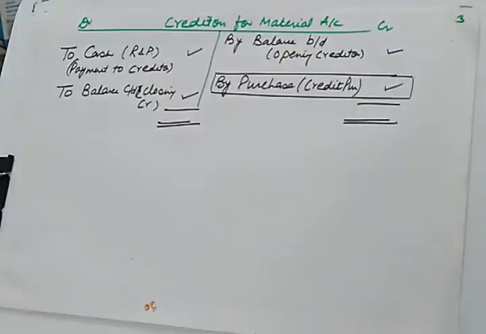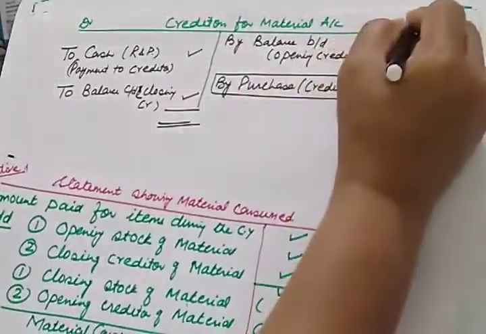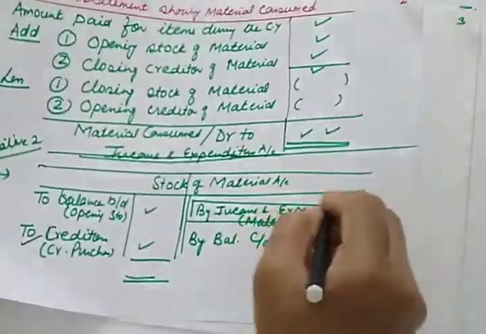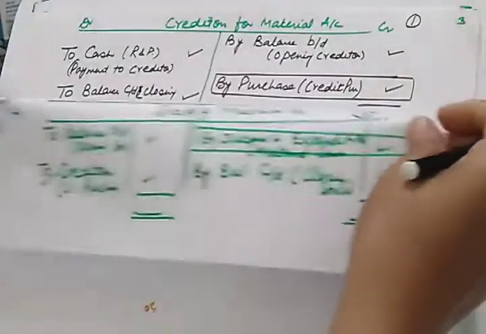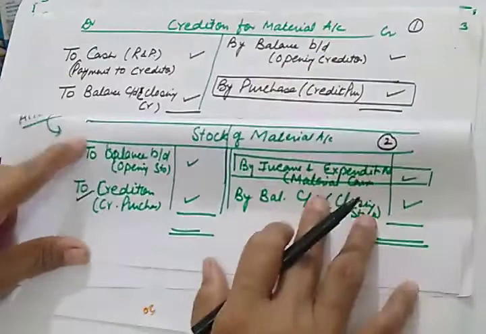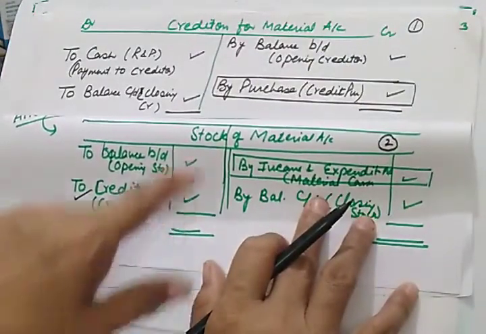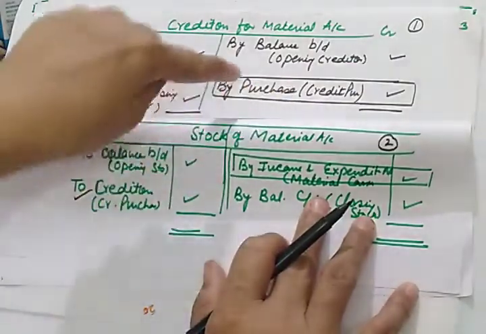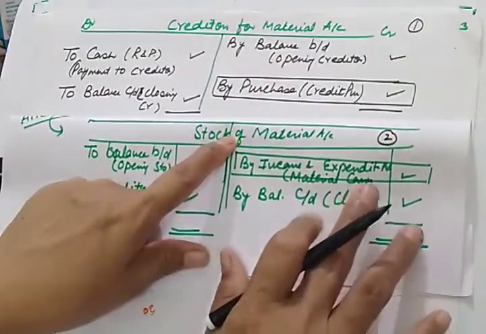So this is how it is to be done. And this credit purchase will be recorded here. So we'll be transferring this credit purchase to this. So this is step 1, and this is step 2. So I hope these two accounts are clear to you. So first we'll be making this, then this, but we'll keep a space for credit purchases. And when this account is over, we'll transfer this purchase to this account in order to calculate material consumed.